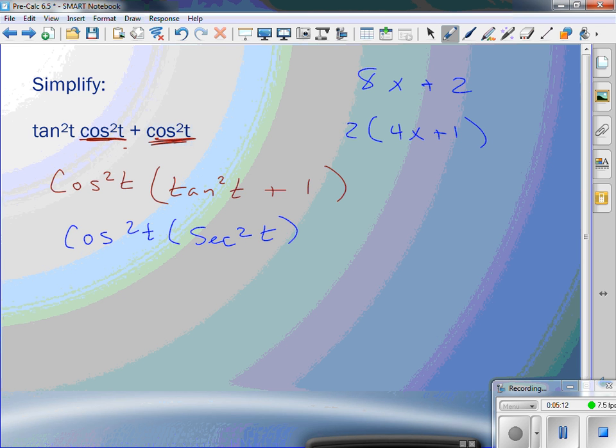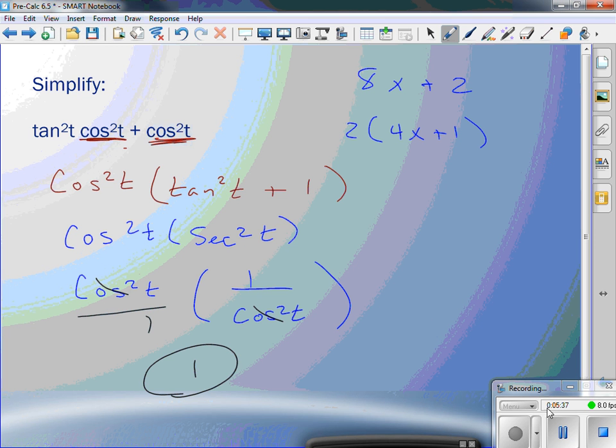What does secant really mean? That's the reciprocal of cosine. Okay, what's going to happen here? These cosines will cancel out. My answer is 1.